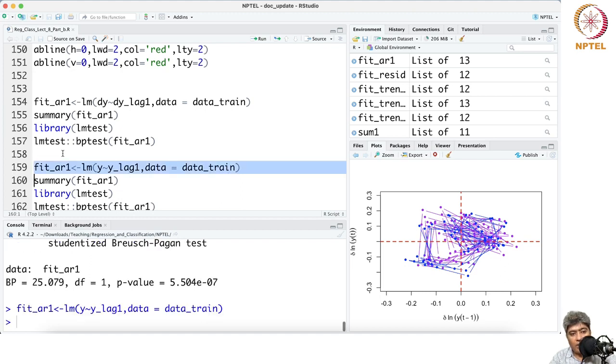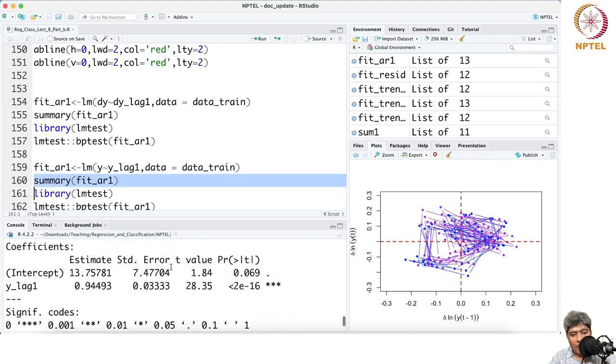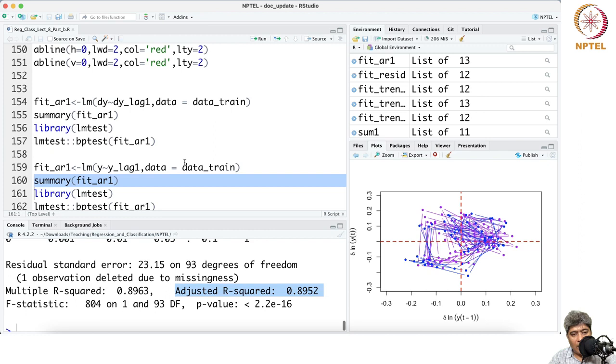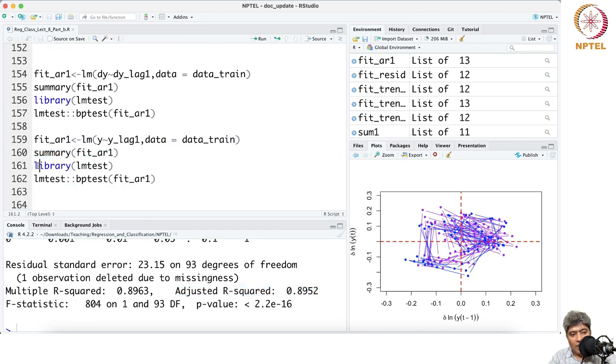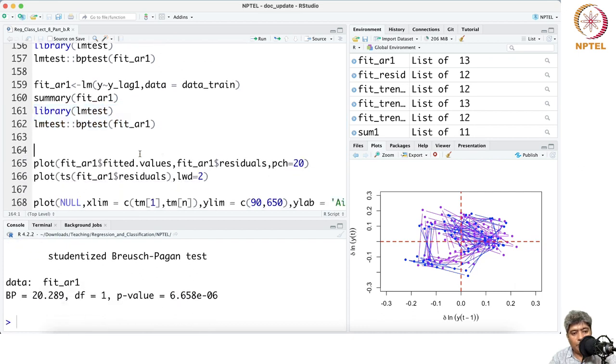If you instead fit y, or log y, as a function of lag y, a simple autoregressive model, then immediately we see that it is a very strong model with an adjusted R-square of 0.89. We ran a Breusch-Pagan test, and it still rejects homogeneity.